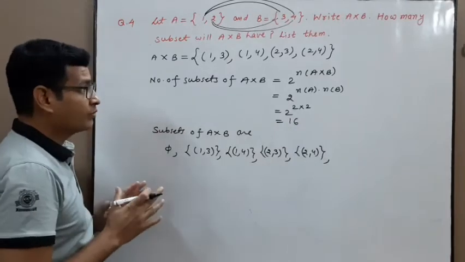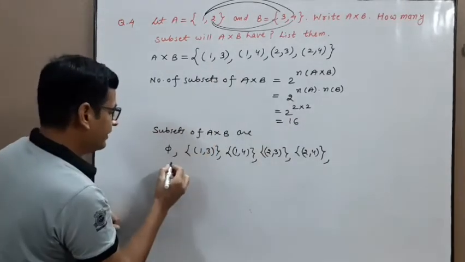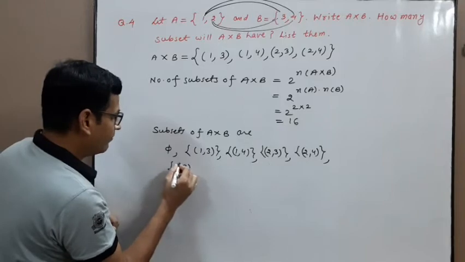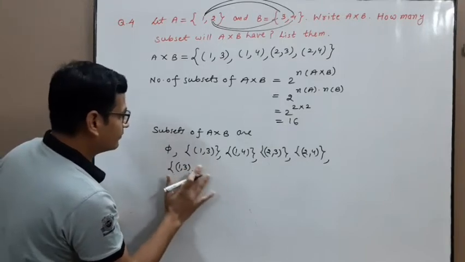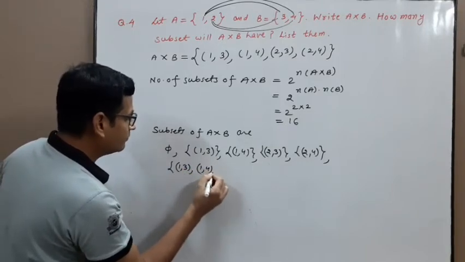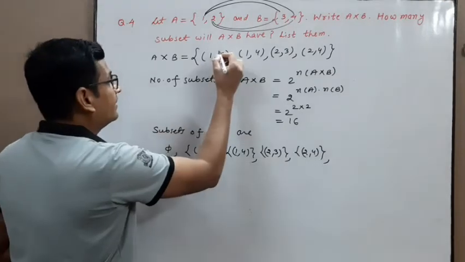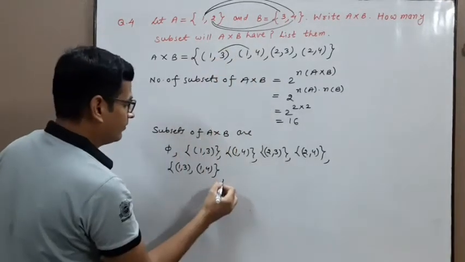Now take pairs of 2. (1,3) and (1,4) in this way. Then (1,3) and (2,3). Then (1,3) and (2,4).